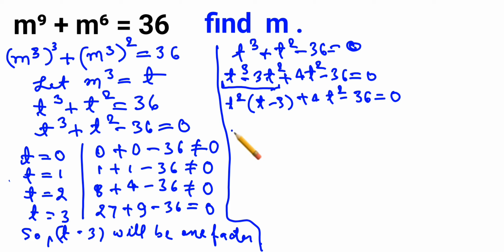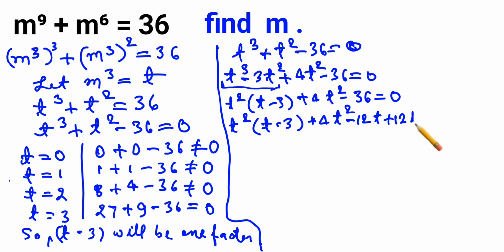Next step we write t square (t minus 3) plus 4t square, then we write minus 12t plus 12t at the same time, minus 36 is equal to 0.